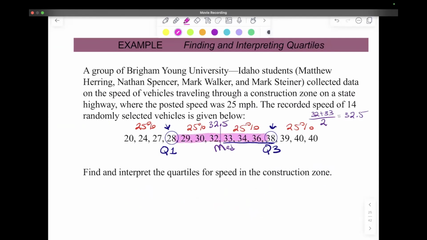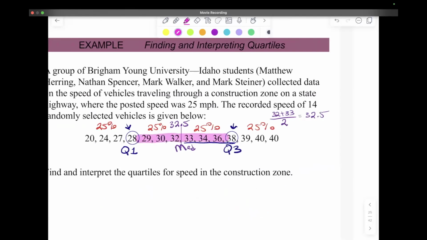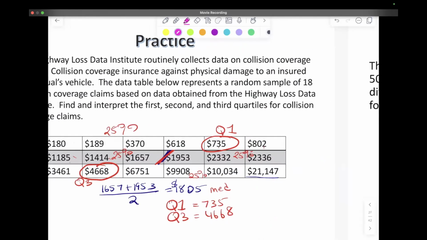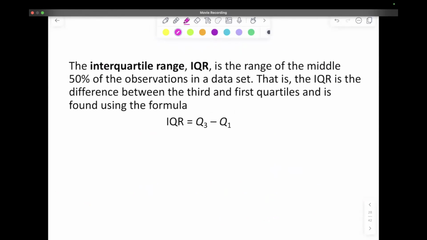This middle 50% would be the interquartile range. This is the median's answer to standard deviation. I would just take Q3 minus Q1, and that would give me that interquartile range or IQR. Most of the time, we just call it IQR because interquartile range is kind of a mouthful.